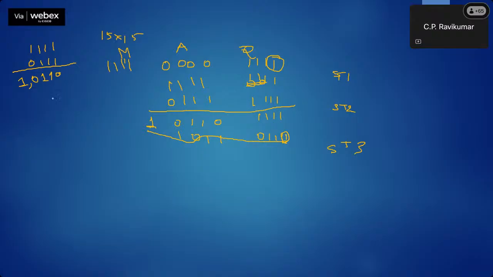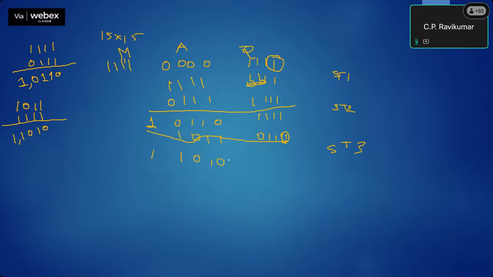So this time 1011 is being added to 111. 1 plus 1 is 0, 1 plus 1 plus 1 is 1, 1 plus 1 is 0, 1 plus 1 plus 1 is 1. I'll get 1, then 1 0 1 0. And I'll get 0 1 1. Then shift.